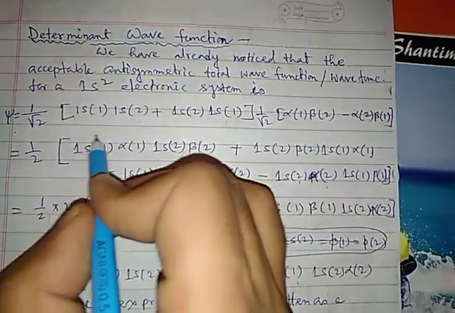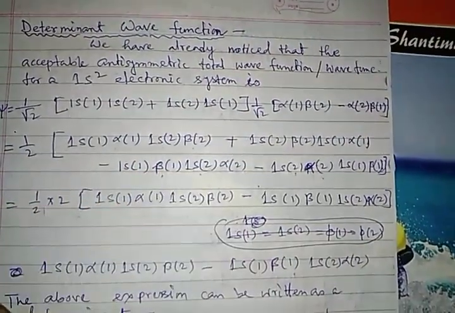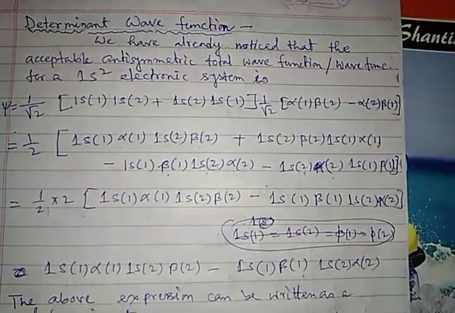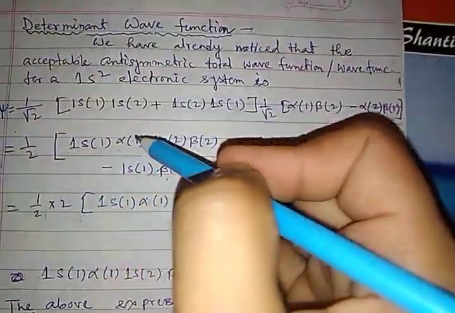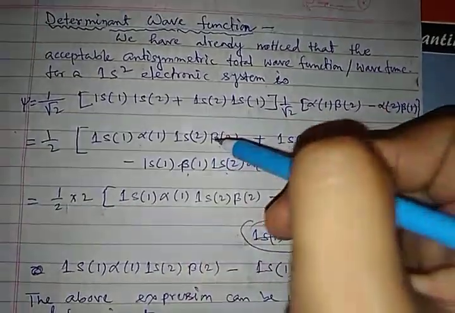So this spatial part, xyz for 1s, for both the electrons remains the same. There is only a change in the spin function, and these spin functions are alpha and beta.